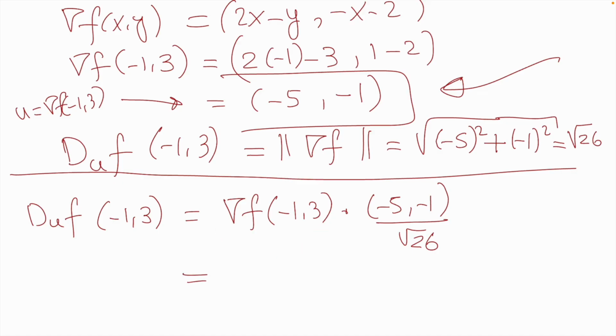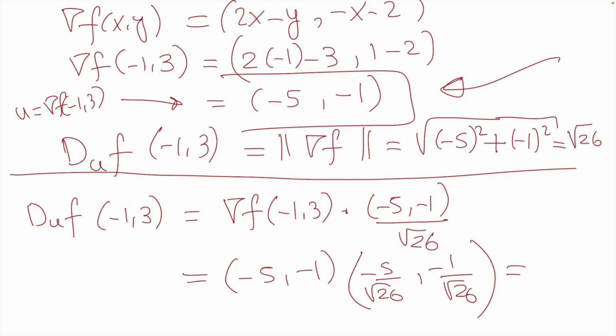And so we do the dot product of these two. This vector is the vector that we calculated before, (-5, -1), times this vector normalized, (-5 over the square root of 26, -1 over the square root of 26). And we do the operation here. We have minus times minus is plus, 25 plus 1 is 26, divided by the square root of 26.